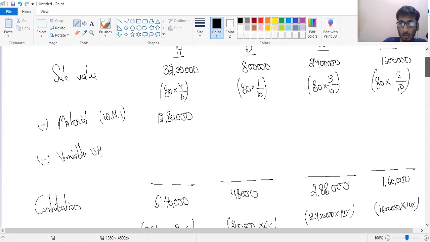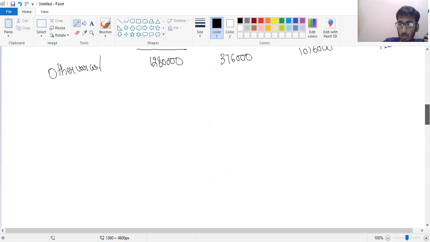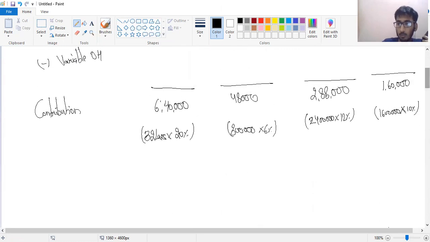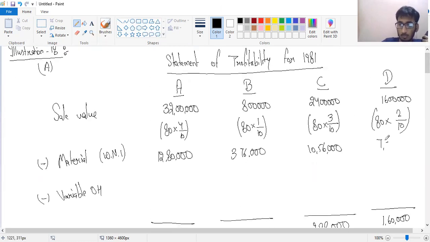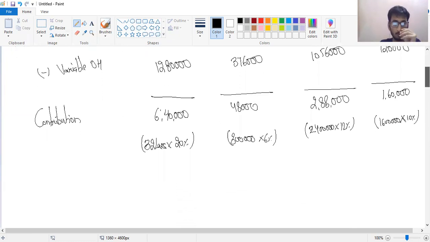It would be 376, 1056. And the last would be 7 lakh 20,000, and other variable cost. Okay, so this data we have calculated.